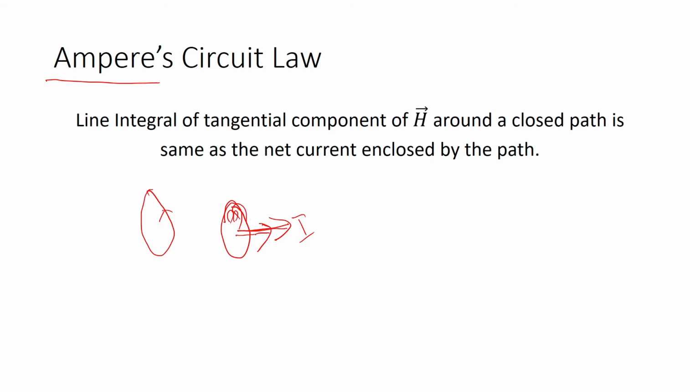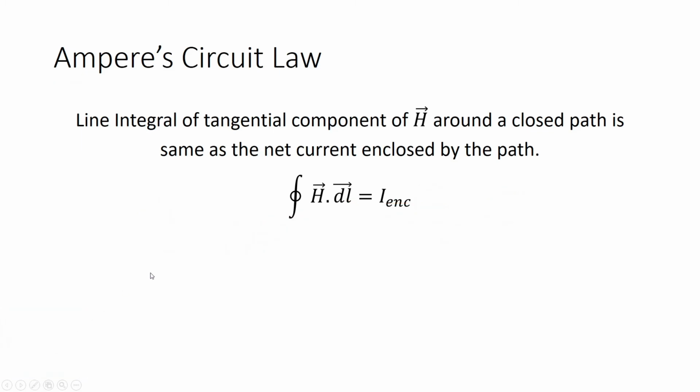This is called the current enclosed by the loop. The meaning of current enclosed by the loop is, if you have a circle, whatever current is passing through this loop would always be considered as the current enclosed by this loop. The mathematical representation of Ampere's circuit law is the integral of h bar dot dl is equal to I enclosed.